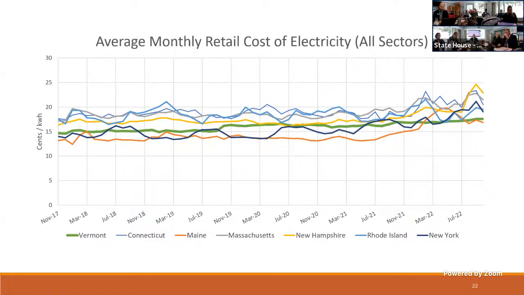And that has to do with the restructured nature of every other state versus Vermont maintaining that vertical integration and ability to enter into long-term contracts. There's a trade-off. You can see that Vermont has been relatively stable over time.